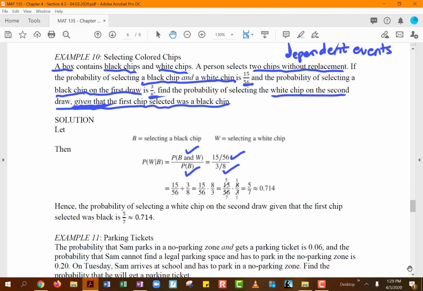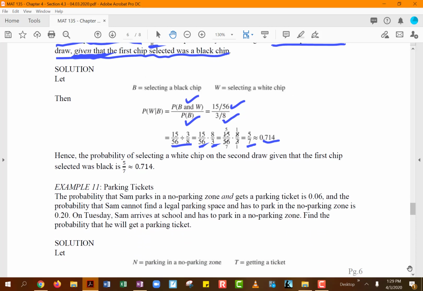So this is where, remember, we end up dividing to find the conditional probability. So that's 15 over 56 divided by 3/8. Keep the first fraction the same, invert the second fraction, and that changes division to multiplication. Go through that math, and it comes out to be 5 over 7, or as a decimal, 0.71.